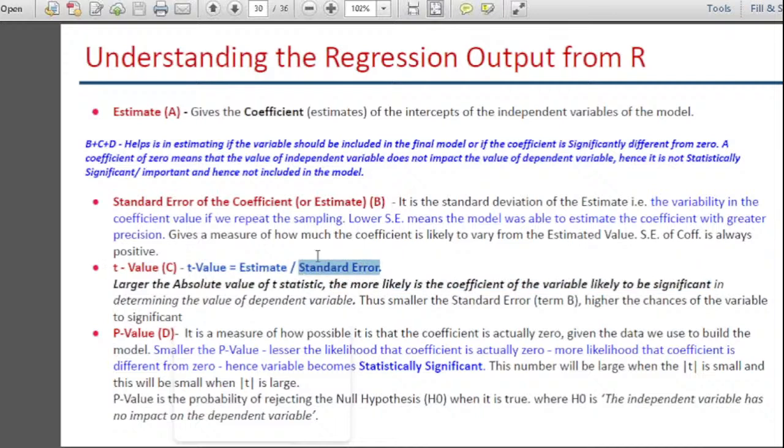Lower the standard error, higher the t value. Simple division. The smaller the standard error, the higher the chances of the variable being significant.